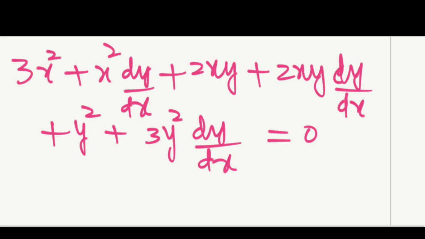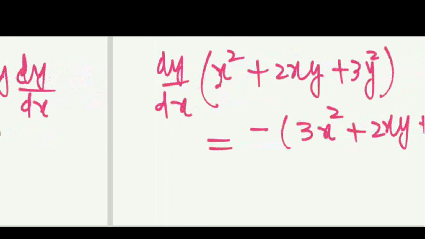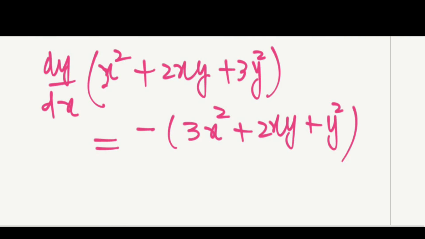Now again keep the terms which have dy upon dx on the left side and take all other terms to the right side. So on the left side we are left with x square plus 2xy plus 3y square, with all of them having dy by dx as common, equals, on the right side, minus bracket 3x square plus 2xy plus y square bracket close.